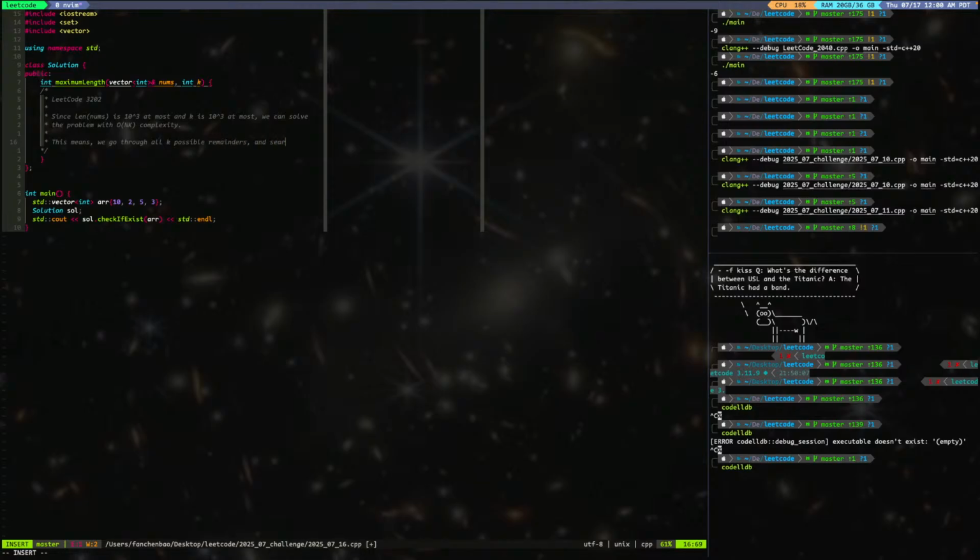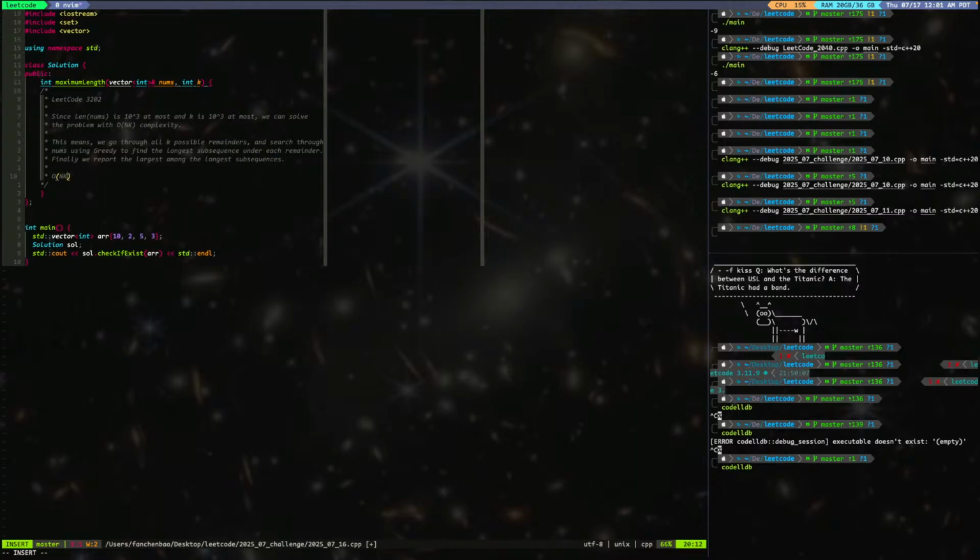And search through nums using greedy to find the longest subsequence under each remainder. And finally, we report the largest among the longest subsequences. Yeah, so O(n) times k.